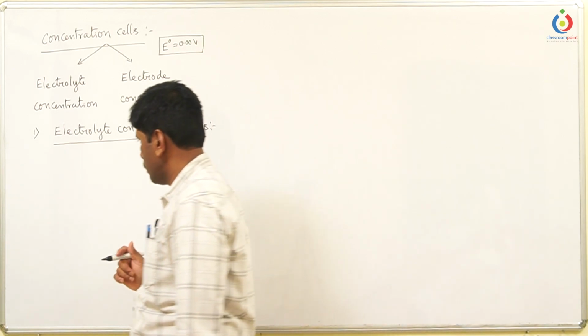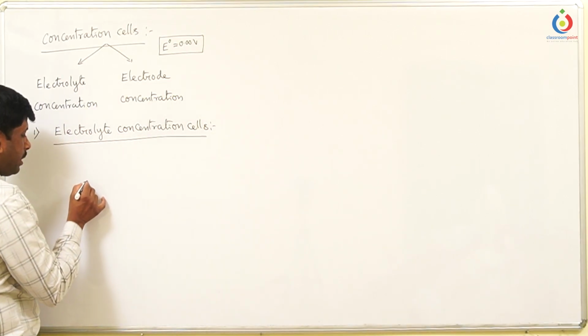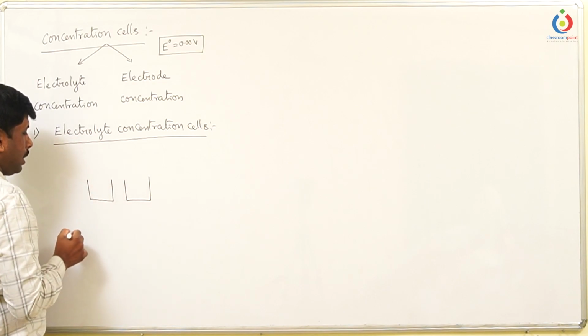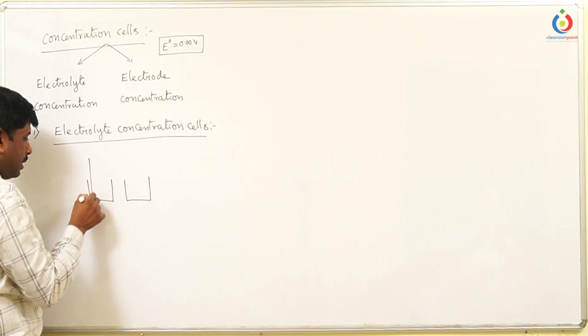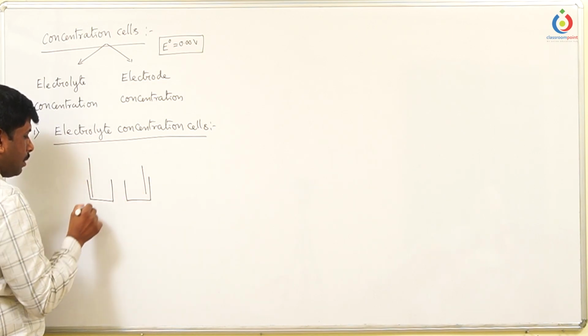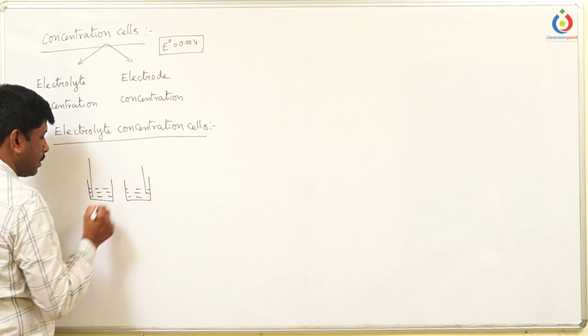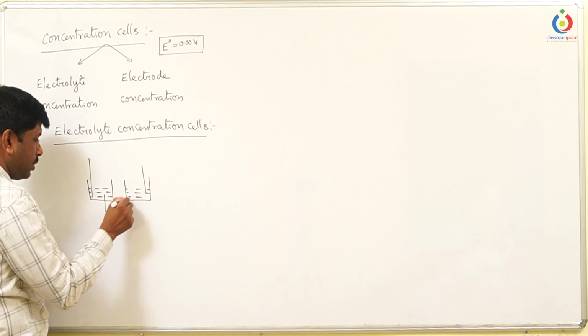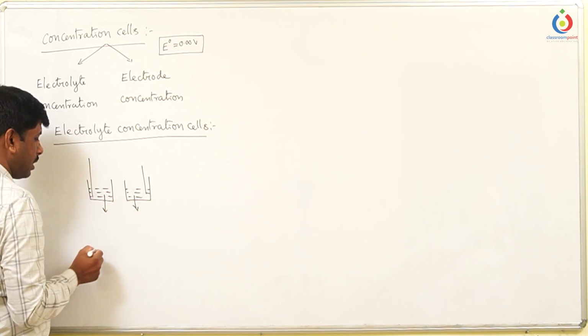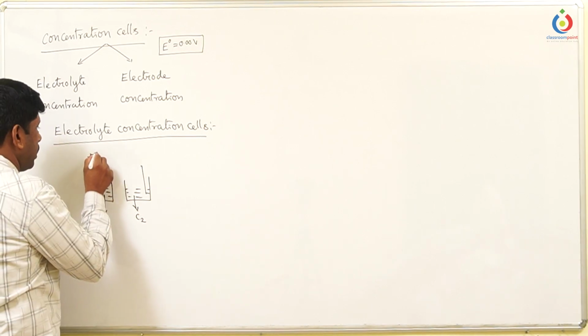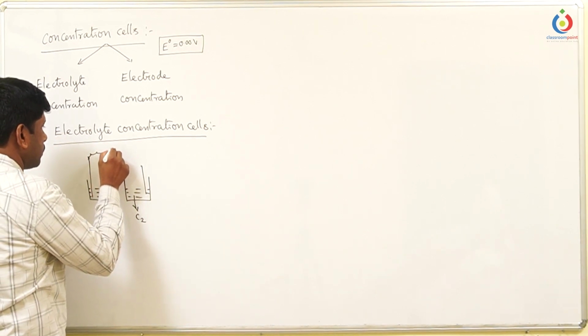So imagine we take two beakers. In these two beakers, we place the same electrode and the same electrolytic solution. But the concentration of these two electrolytic solutions is different. Let this be the C1 concentration and this the C2 concentration. These two are directly connected by a wire.